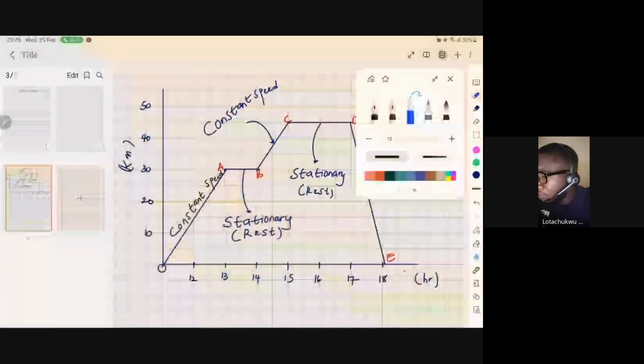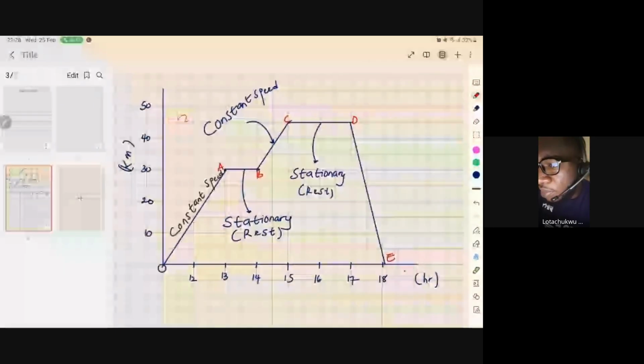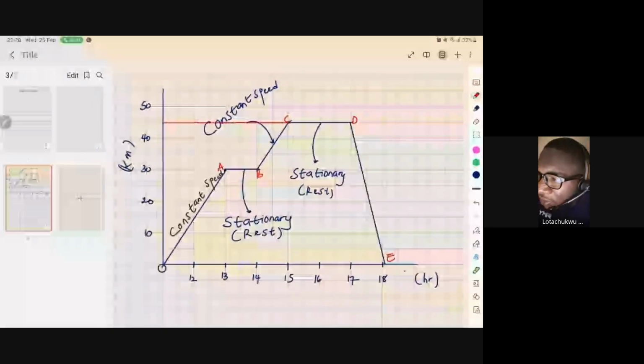We just trace it to this place, which means the constant speed there is what? It's traveling at a constant speed of 30 kilometers per hour. So once you trace to the y-axis, it gives you the speed. The same thing here. If you trace this, 20, 30, 40, that place will be 40, 45.